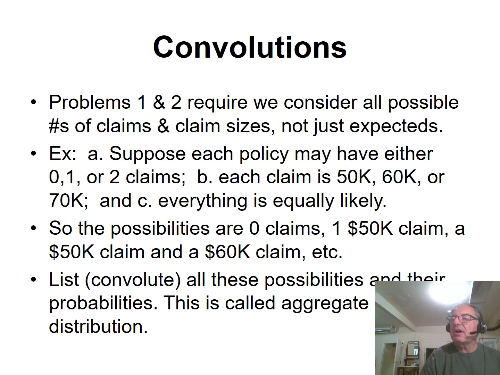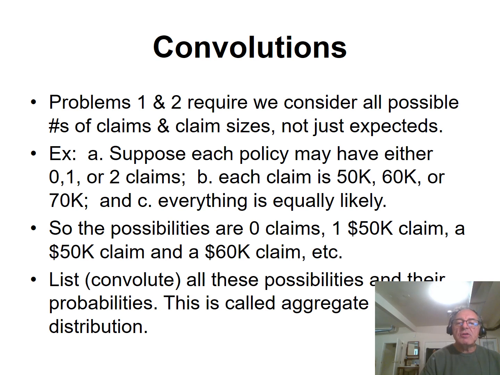Anyone who's read Polya's book, How to Solve It, knows that one of Polya's favorite techniques is, if you can't solve the problem in front of you, can you solve a simpler problem and use what you learn from that? So let's make this a simpler problem first and think about that, and then get back to the original problem. So suppose, to simplify this, each policy can have either 0, 1, or 2 claims.